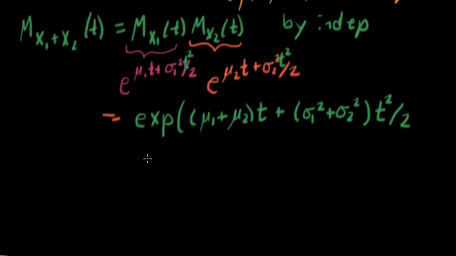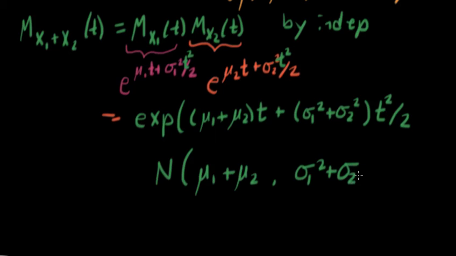And we notice that this is in fact the moment generating function of a random variable that's normally distributed with mean mu1 plus mu2 and variance sigma 1 squared plus sigma 2 squared.